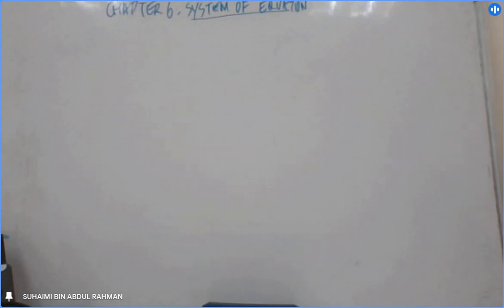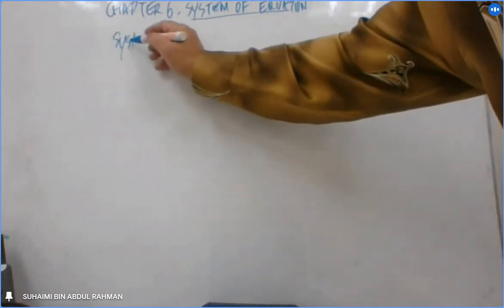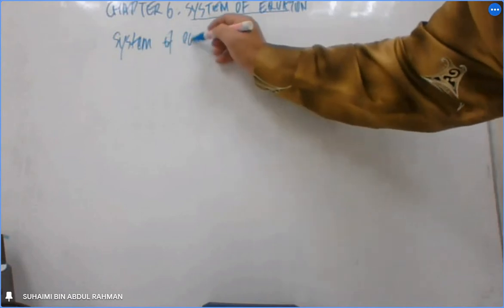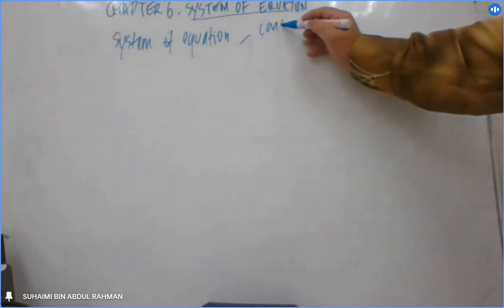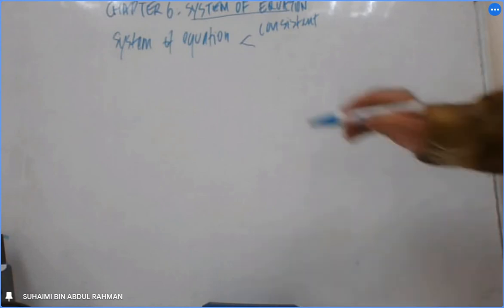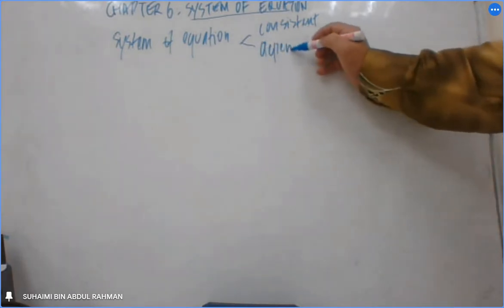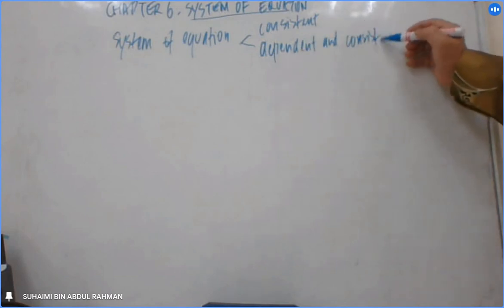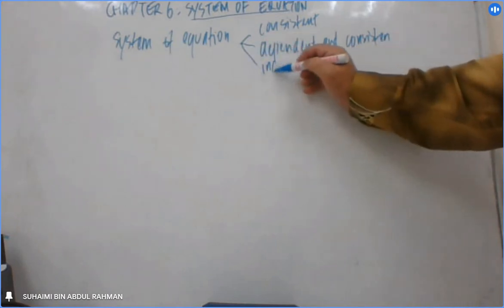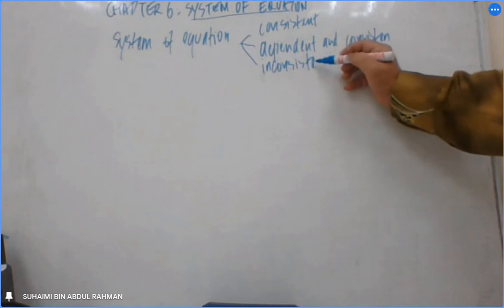When we talk about system of equations, we can have what we call a consistent and independent system, or consistent and dependent, and also inconsistent.